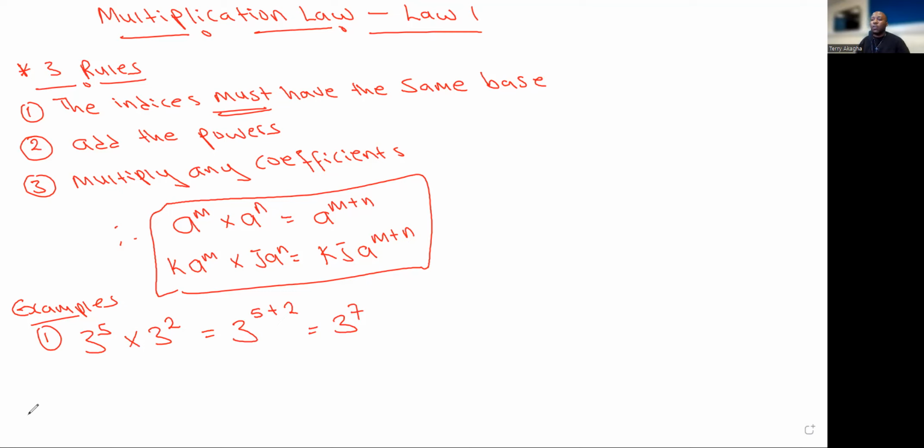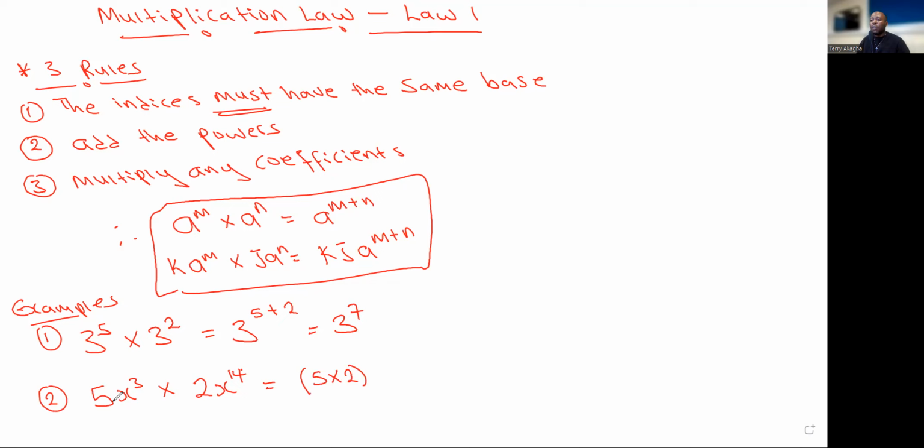Now, if for instance we have 5x raised to the power 3 multiplied by 2x raised to the power 14, to make it interesting, you can see that they have coefficients in front of them. What you do is multiply the coefficients.